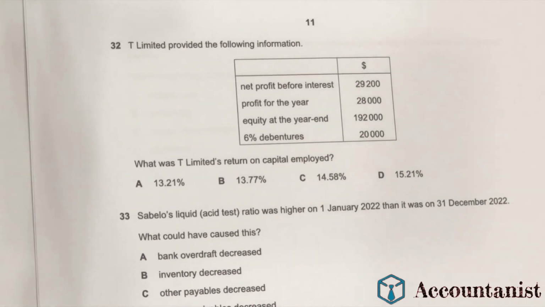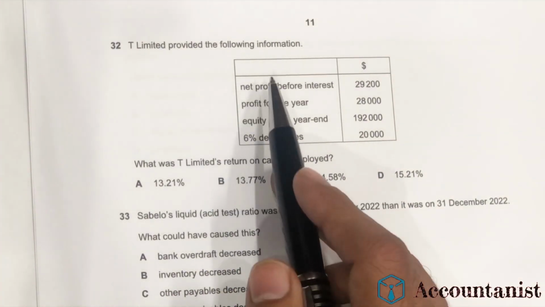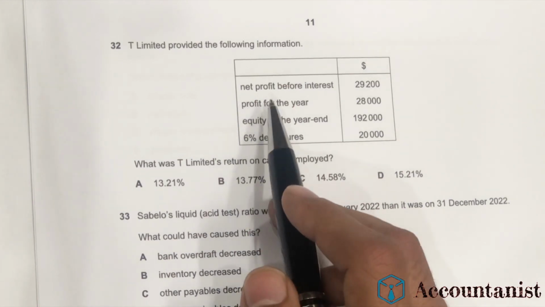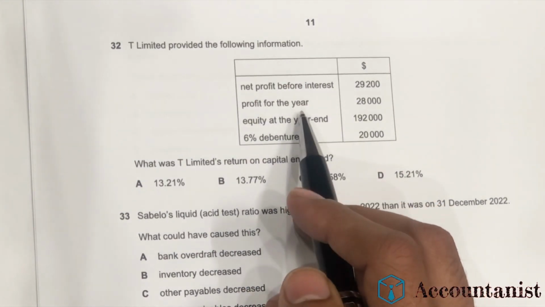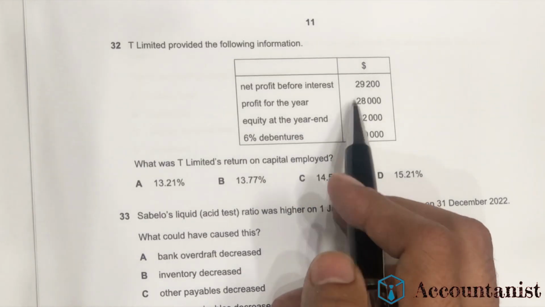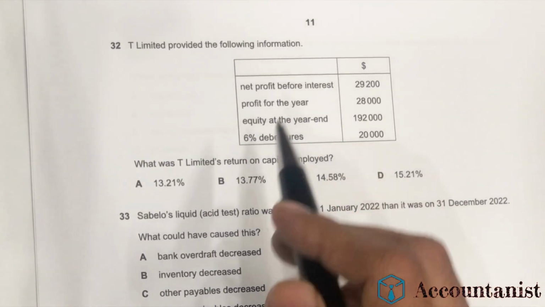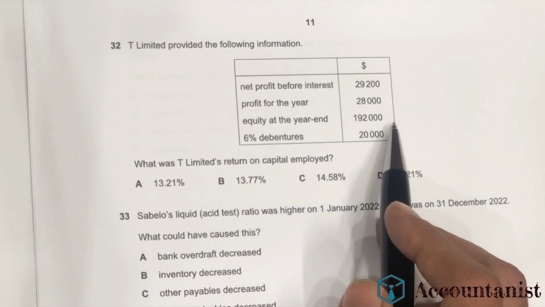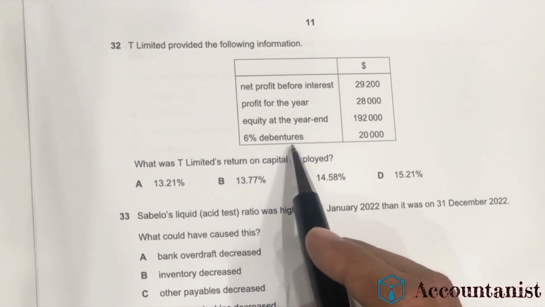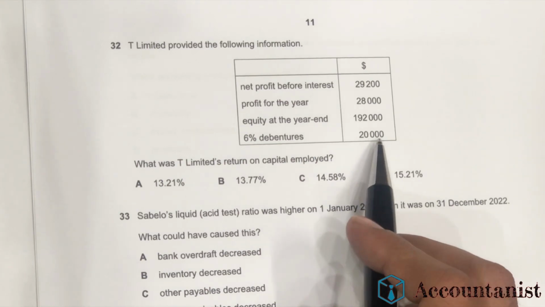Question number 32 says T Limited provides the following information. We have net profit before interest, and we have profit for the year. The difference between these two is the interest, so that's 1,200. Equity at the year end is 192,000, and we have 6% debentures of 12,000.